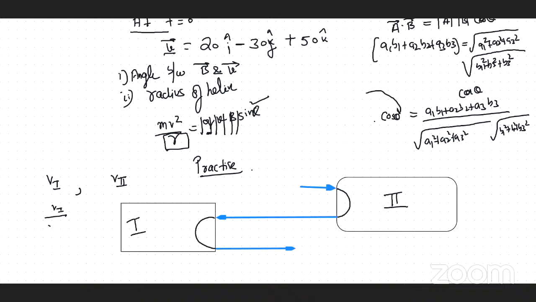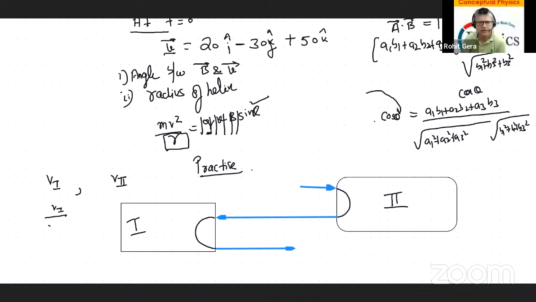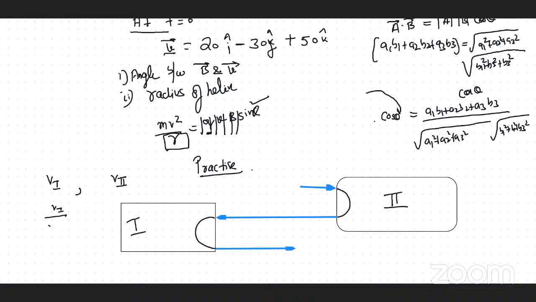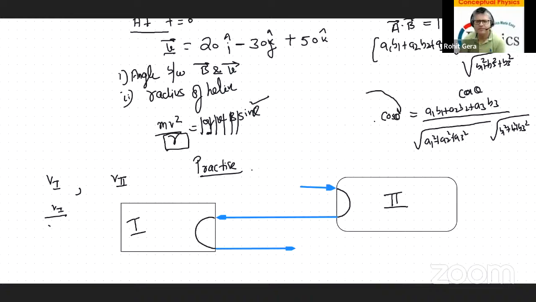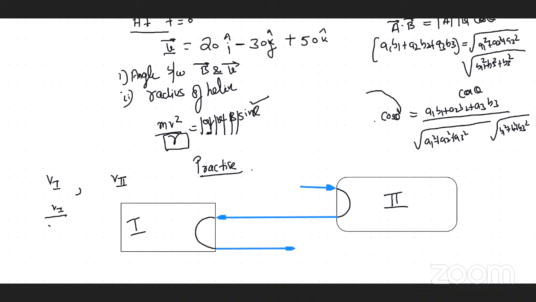So this is your B and this is your A. What are the things you can do? You can play with these to control the radius. B you can't control. By playing with these, you can control the radius. We have seen that, right?